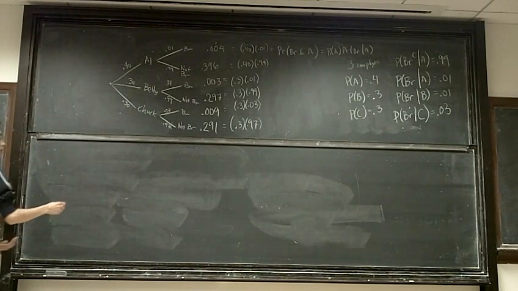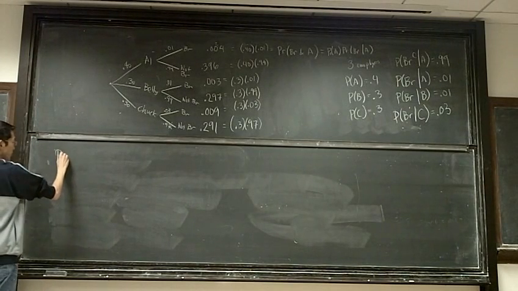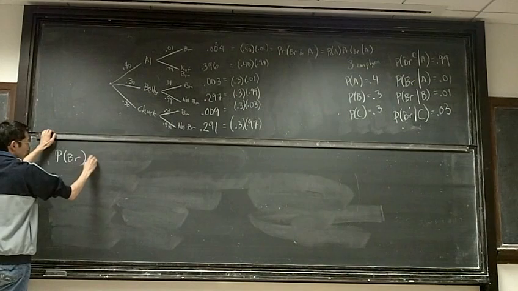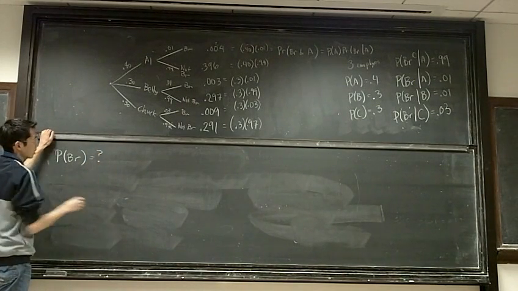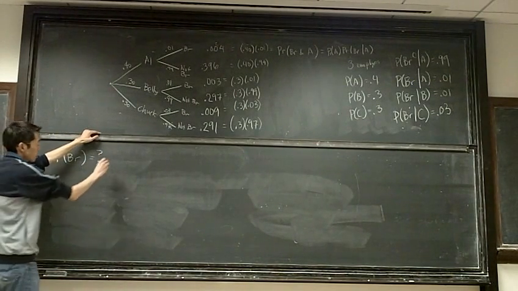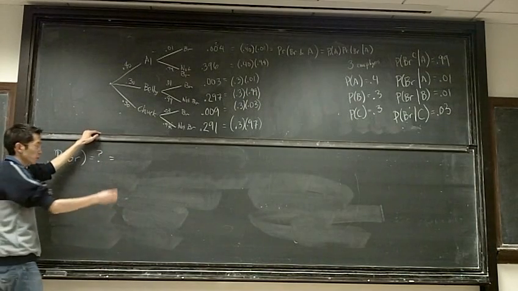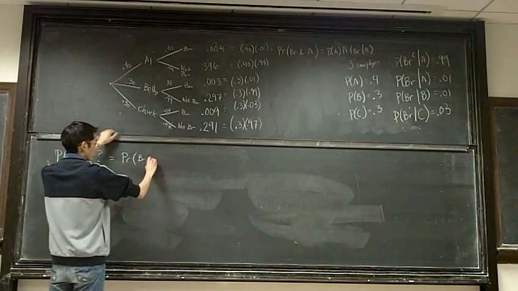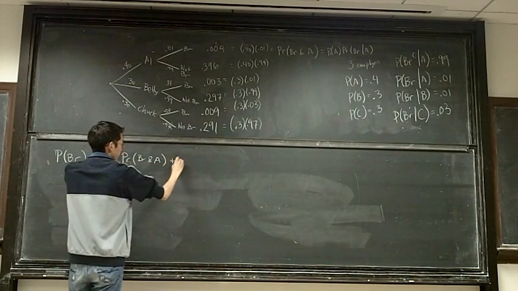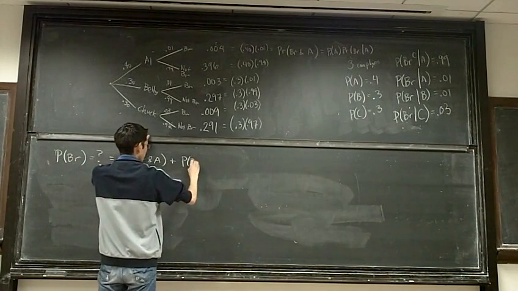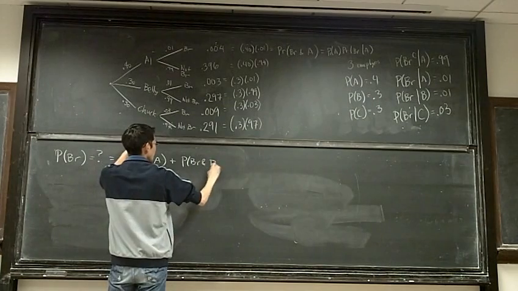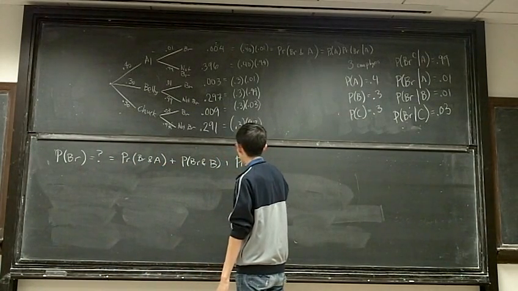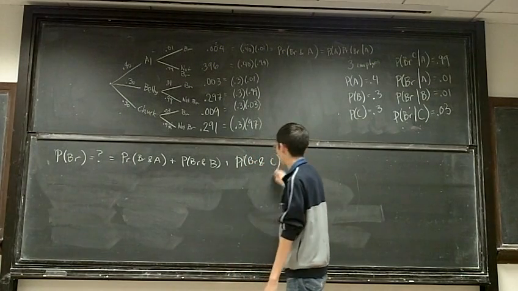Now if we ask what's the probability that a dish is broken, there are 3 ways a dish can be broken. It can be the probability that a dish was broken and it was washed by Al, plus the probability that a dish was broken and it was washed by Betty, plus the probability that the dish was broken and it was washed by Chuck.